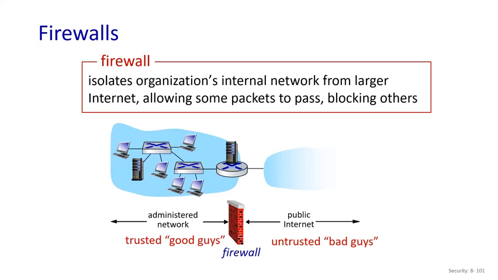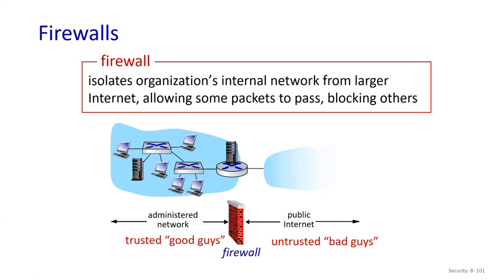As I told you, the firewall works on the internal side and the external side also. If it is going to isolate an organization's internal network from the larger network, we have to allow some of the packets to pass.